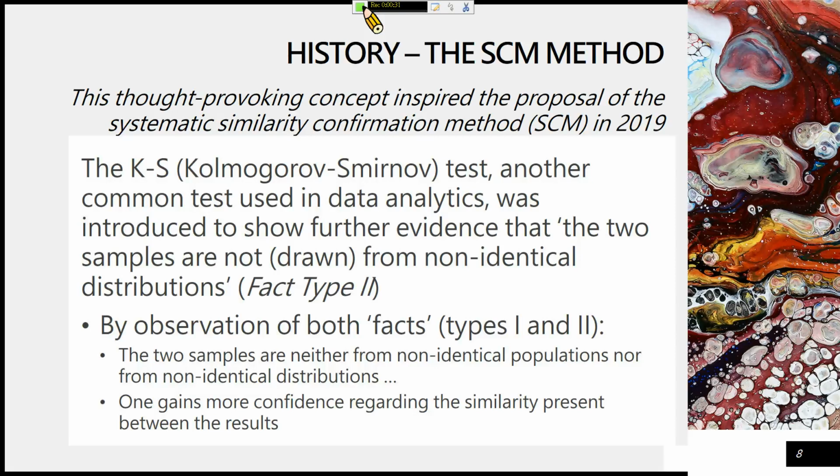So, it is in fact a double insurance, which means that if the two ROVs are not from non-identical populations and not from non-identical distributions, and there is very little evidence to show that they are, then we gain confidence in the similarity that was observed using other methods.